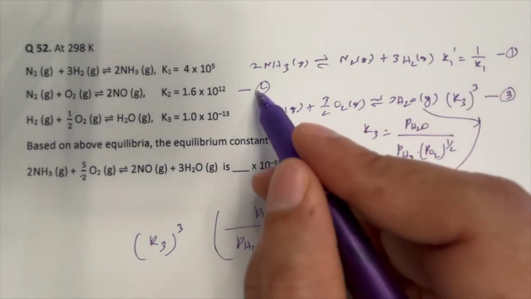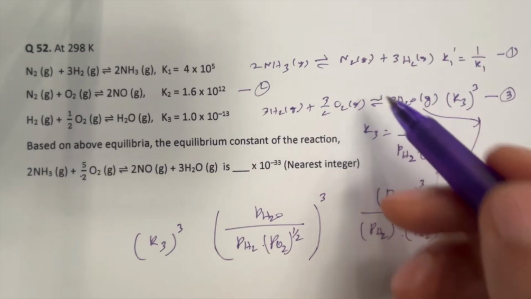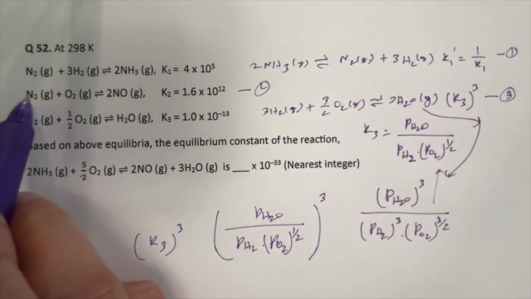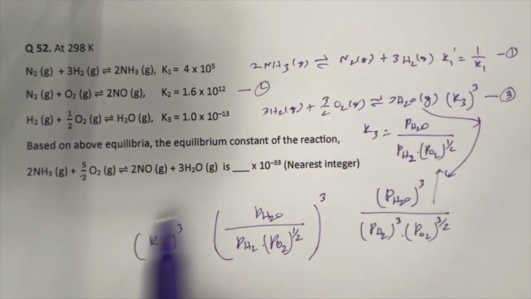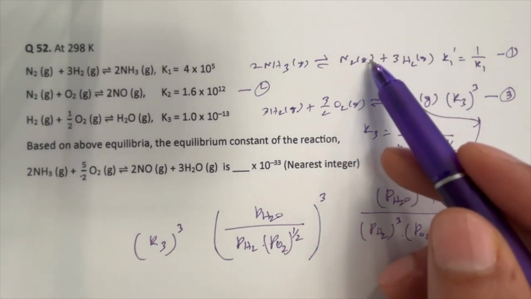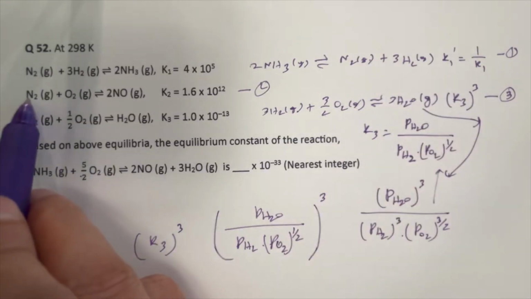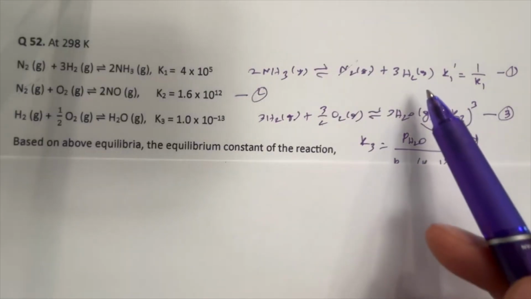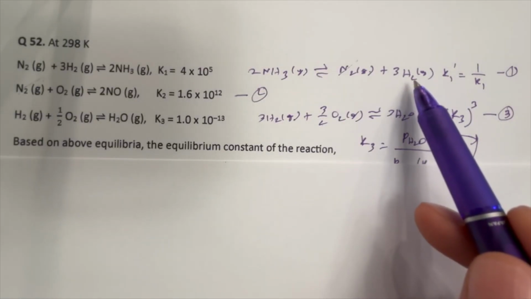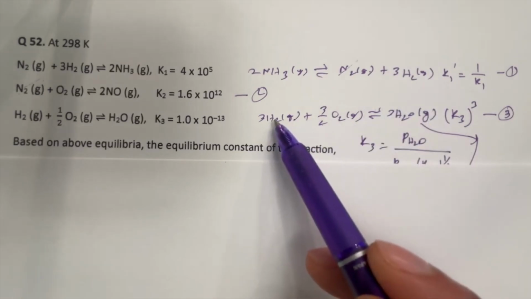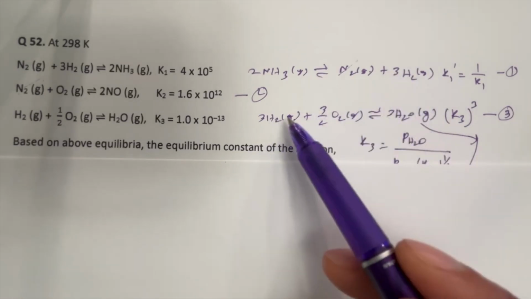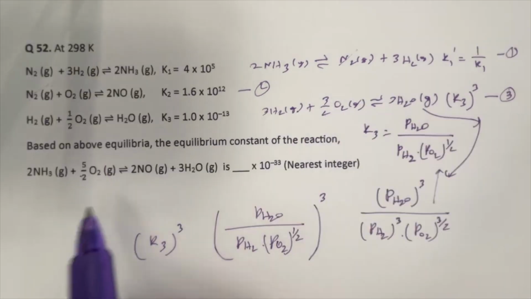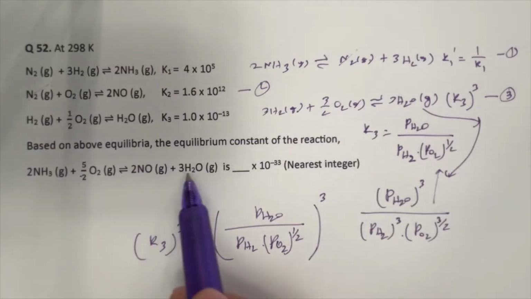So 1, 2, 3, if we add all of them, we can get this. N2 will cancel, because N2 here is on the product side and here N2 is on the reactant side. So therefore they will cancel. Likewise, H2 is also on the product side as well as on the reactant side. Therefore that would also cancel, and everything else you can get.